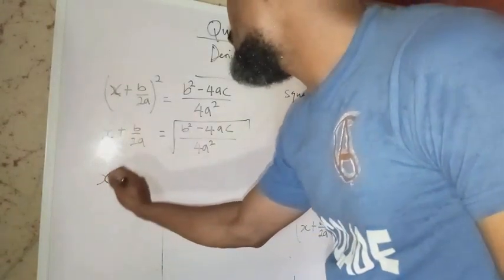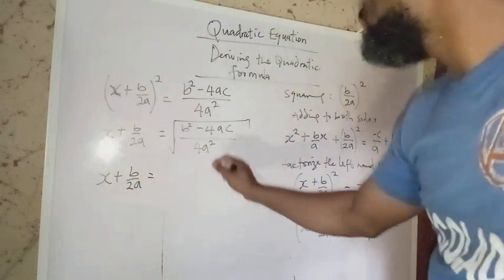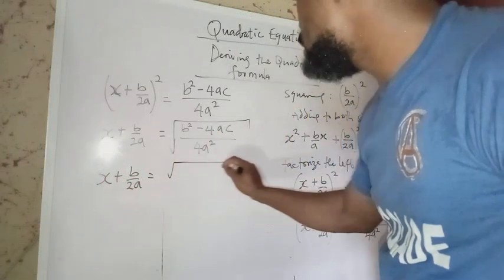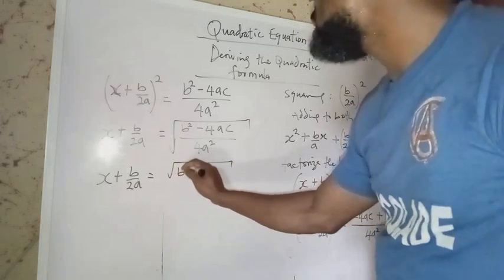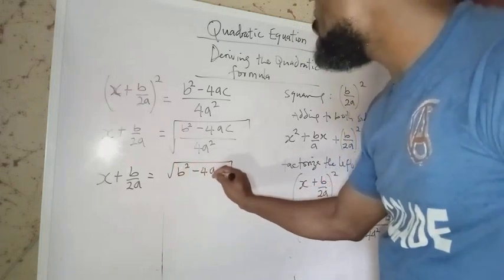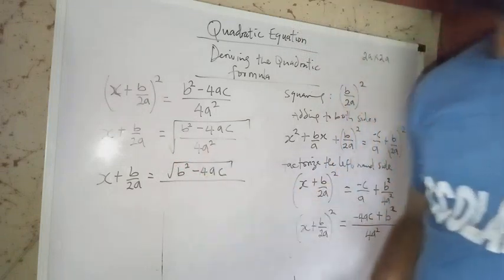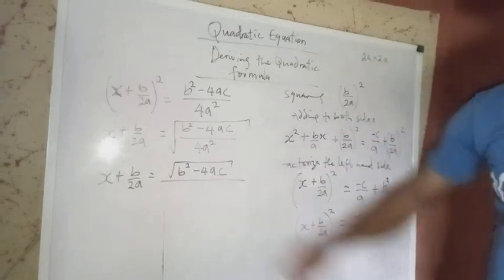Alright, so we have x plus b over 2a equals. The top part is not a perfect square, so we cannot get a square root for it, so it remains as b squared minus 4ac. While the denominator part we can take the square root. Remember, it was 2a times 2a that gave us 4a squared, right?